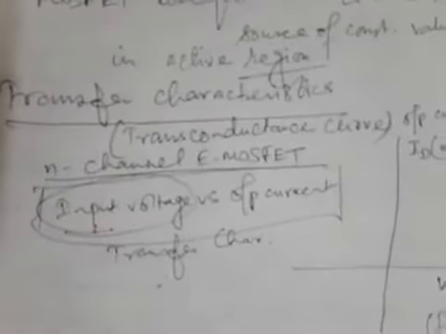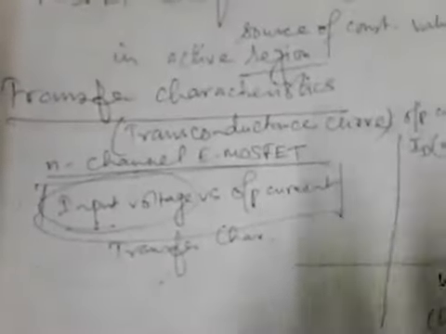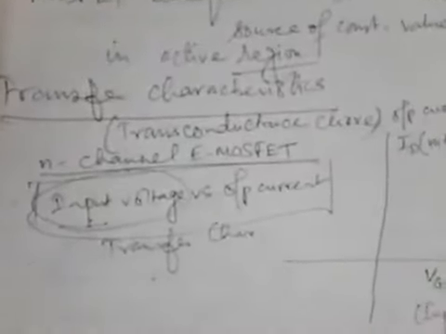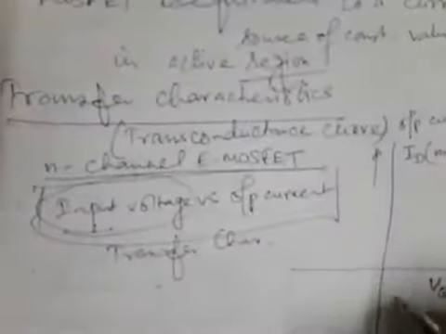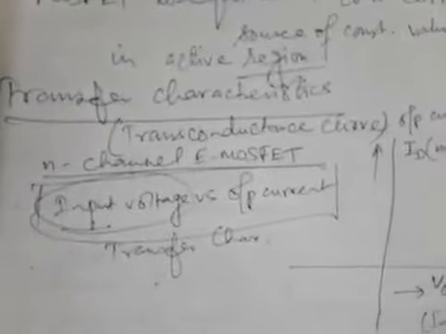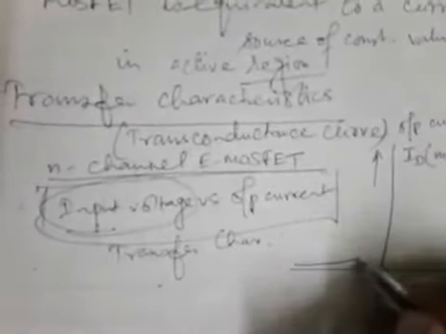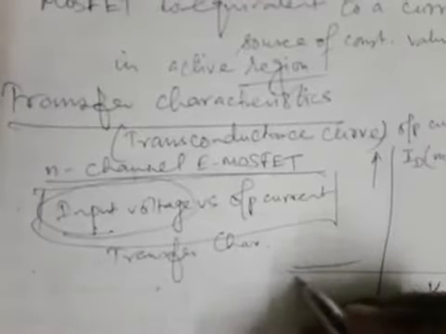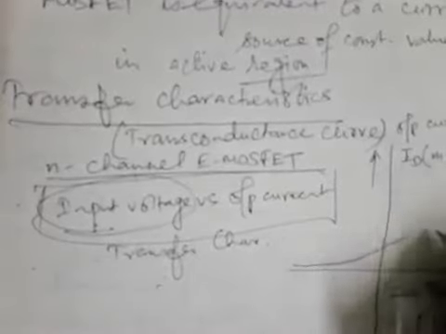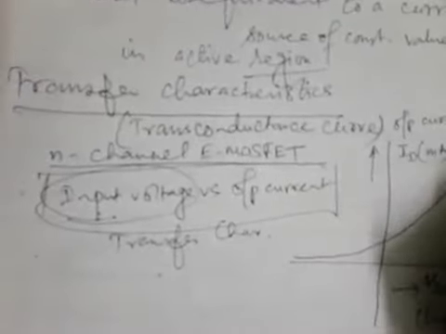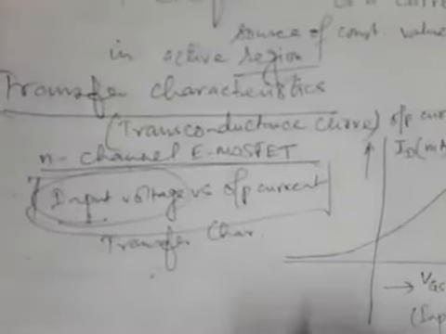So this is absolutely clear as far as the nomenclature is concerned. Now we have the two axes like this, ID versus VGS. The transfer characteristic will start from here, almost touching this voltage axis in the second quadrant, it will intersect the current axis at this point, and it will go on increasing exponentially. So now let us explain.